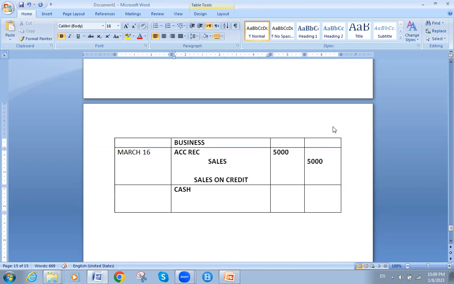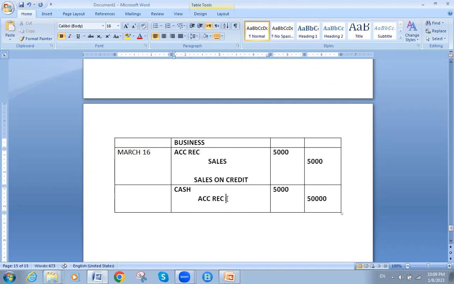And the account receivable, which was debit, to cancel it will be credit. Always the account receivable is debit, but this is the only case where it is credit.